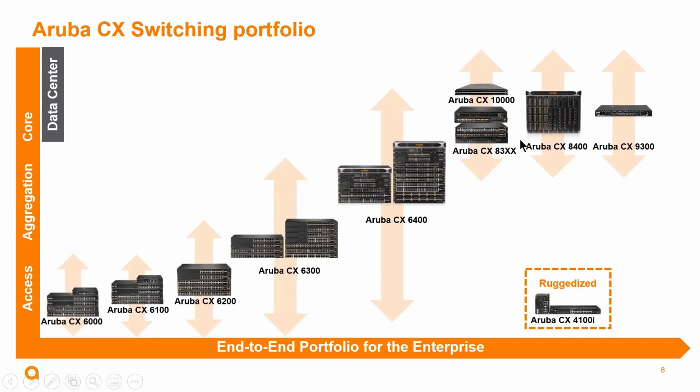And comes our data center switches, the Aruba-CX 83 series like our 8325, CX 10000, CX 8400, and CX 9300 switches that span in the data center, that is the core layer. And we have our ruggedized Aruba-CX 4100i acting in the access layer. So today our hero is Aruba-CX 8325, which is present in the aggregation to core layer.